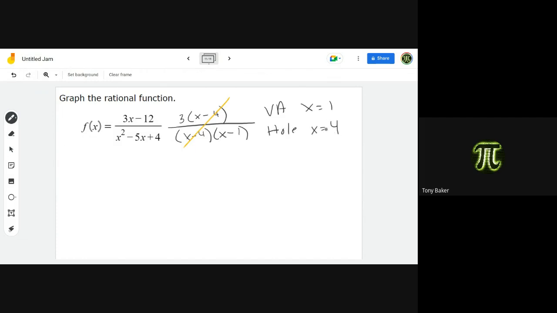All right, so in this one, we have a vertical asymptote at 1, because there is something still left in the denominator, and we have a hole at x equals 4.